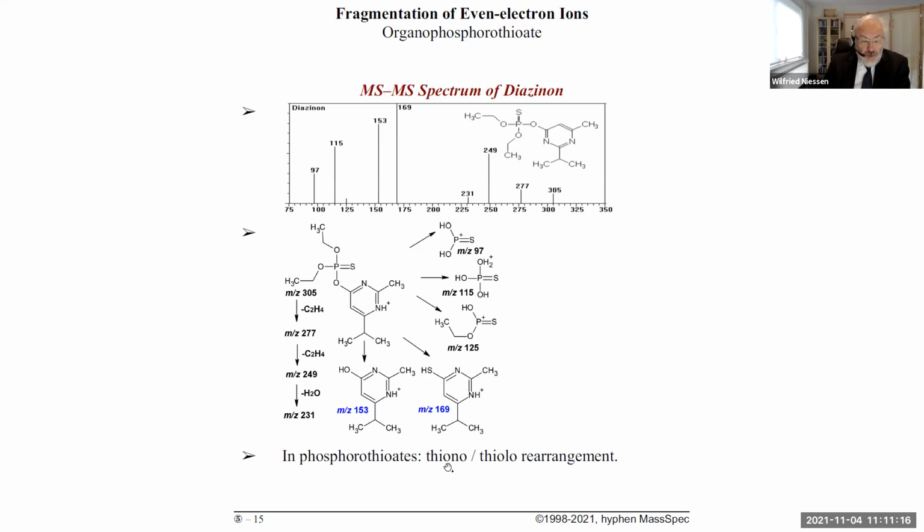It's confirmed by accurate mass. So this is just another example where we see unusual fragmentation with sulfur. And I feel that I always have to warn you that if you have sulfur, you can have these type of things.